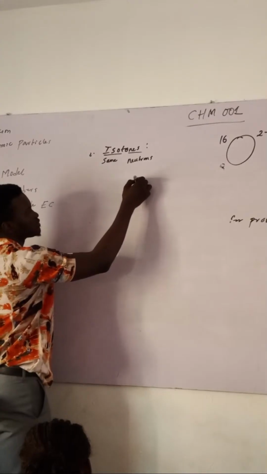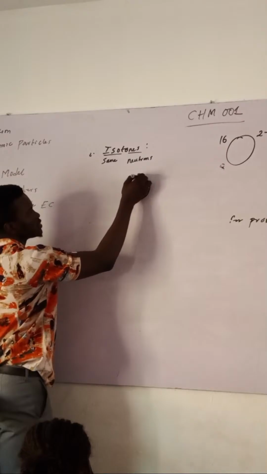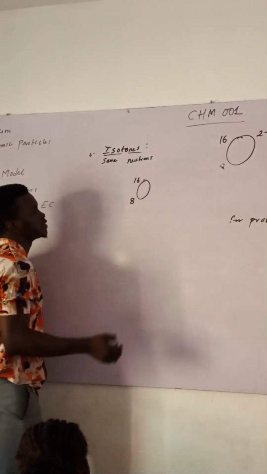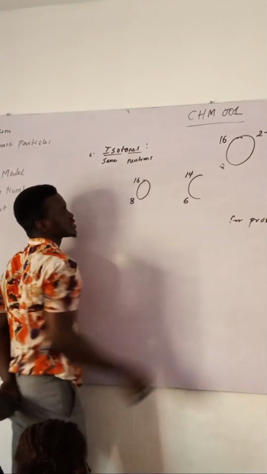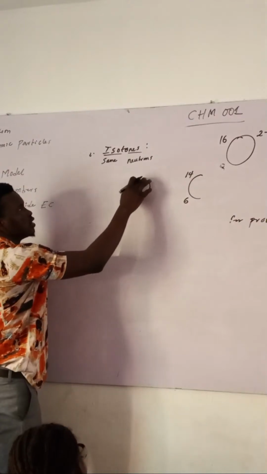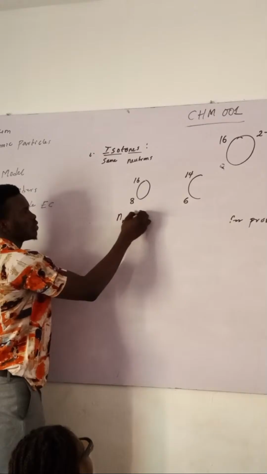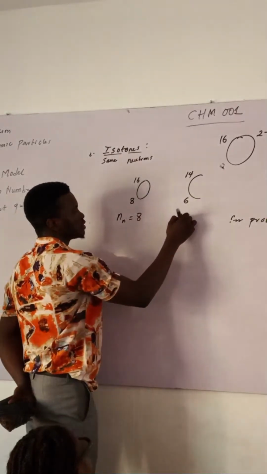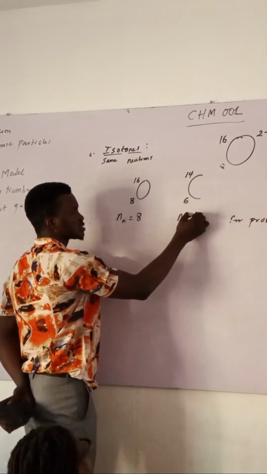Let me look at an example. Let's say I have oxygen 16 and 8, carbon 14 and 6. What's the number of neutrons here? 8. What's the number of neutrons here? 14 minus 6, that's 8.